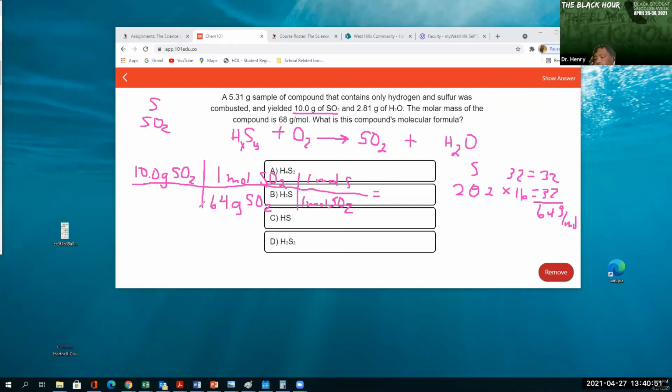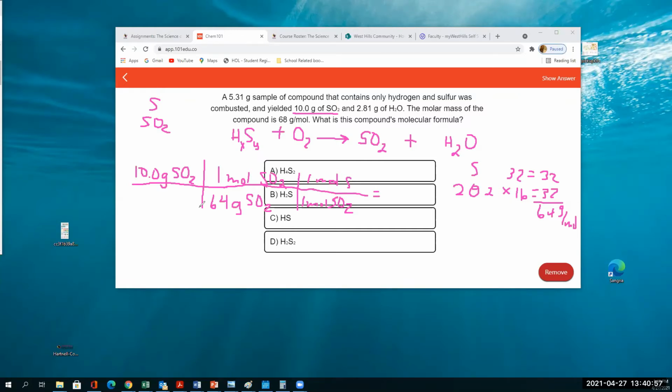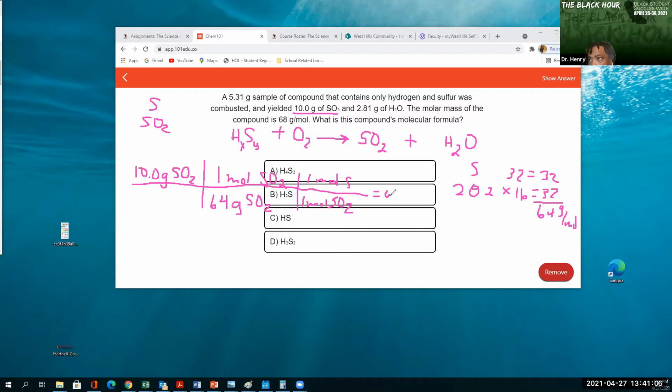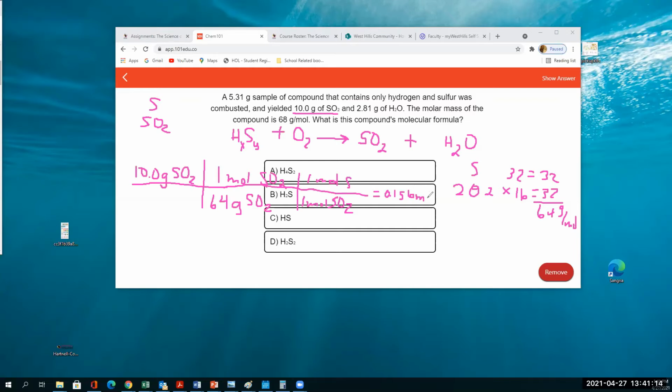So if we do that math, what did you guys get? 0.156. How many sig figs, Dr. Henry?